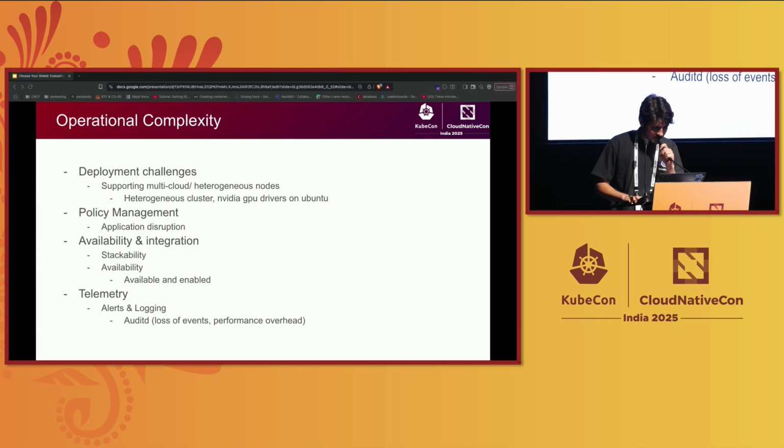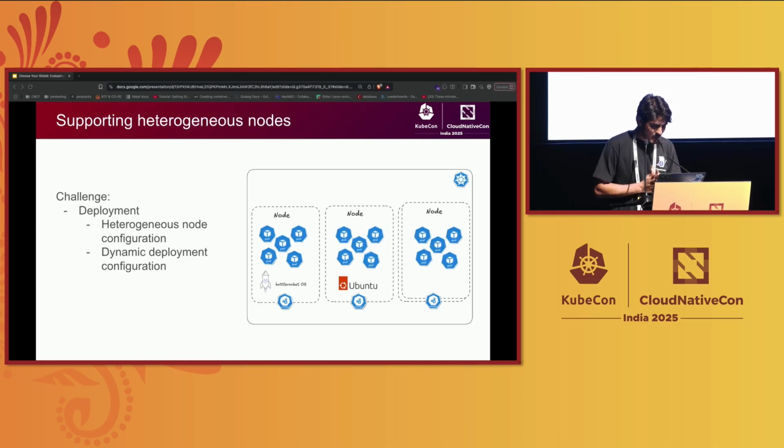There are certain complexities associated with deployment, policy management, and telemetry and integration that we came across while implementing KubeArmor. Let's discuss these in more detail. As KubeArmor needs to be present on each node, as it leverages the active LSM present on the node, it has to be deployed as a daemon set. But in the real world, Kubernetes clusters aren't uniform.